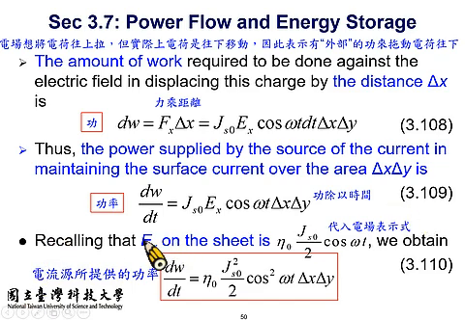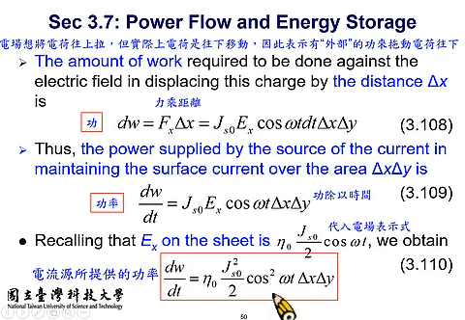And recall that Ex is related to the current source, which is eta sub 0 times J sub S0 over 2 times cosine omega t, as we have derived in section 3.4. So you can replace Ex with this.